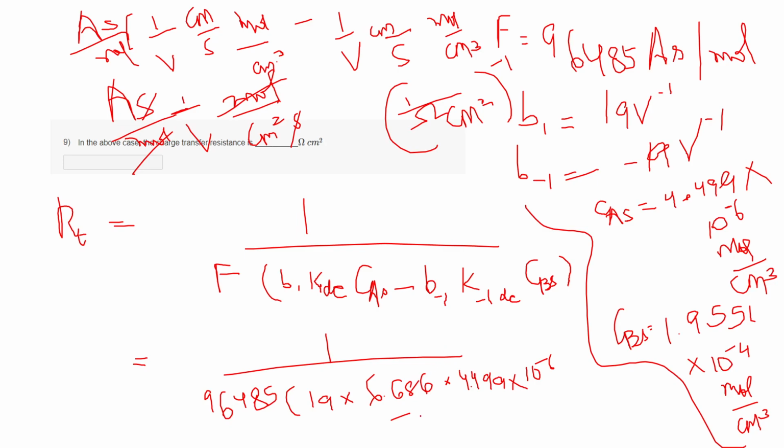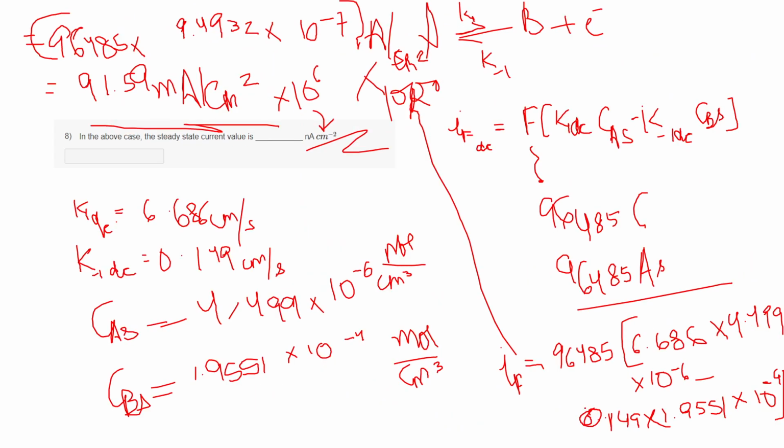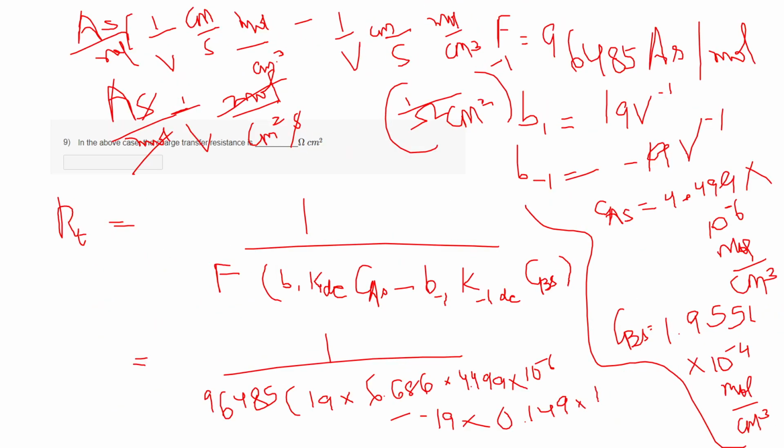Minus 19, because B1 for the opposite side is negative 19. K minus 1 DC is 0.149. CBS is 1.9551, and to the power minus 4. Please solve it and let me know what answer you're getting.